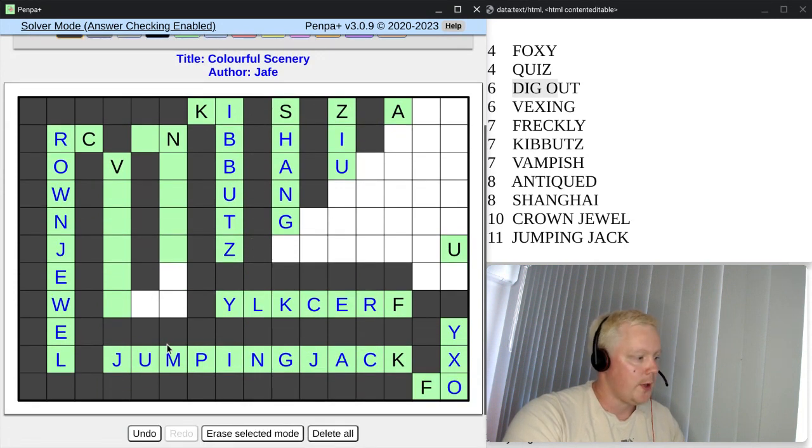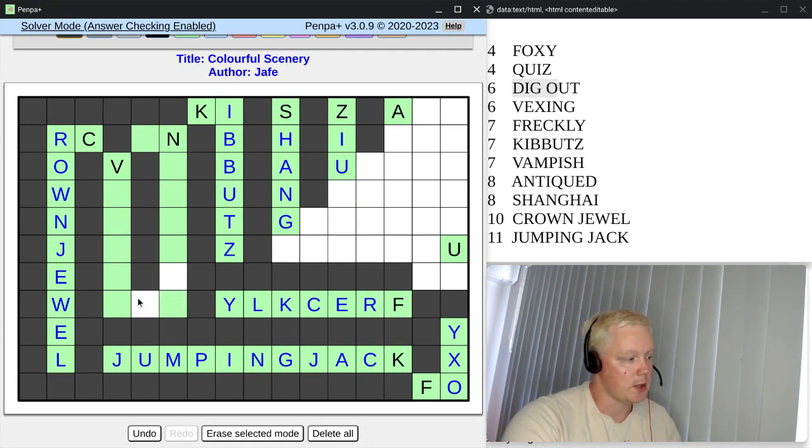So now this 2 by 2 box here has 3 shaded cells, so this must be unshaded. Now it can't join this because this is vampish, and joining this way would make it 8 letters, and there is no V word with 8 letters. So it has to join this, and that makes this N word 8 letters, and the only option for that one was antiqued.